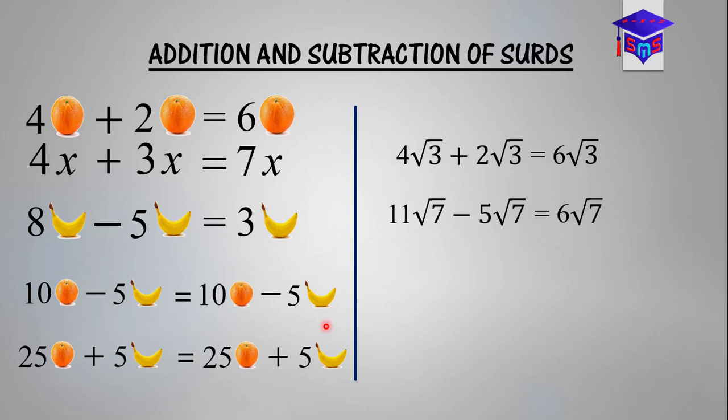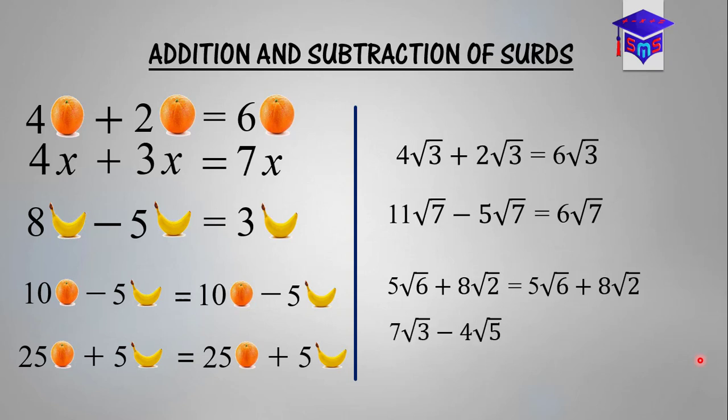The same thing applies to surds. If you have 5 root 6 plus 8 root 2, because the roots are not the same, we cannot say we are going to add the coefficients or we are going to add the rational part. And so it remains the same. You cannot add them to get a single root, and so it remains the same. Same thing applies if you have 7 root 3 minus 4 root 5.